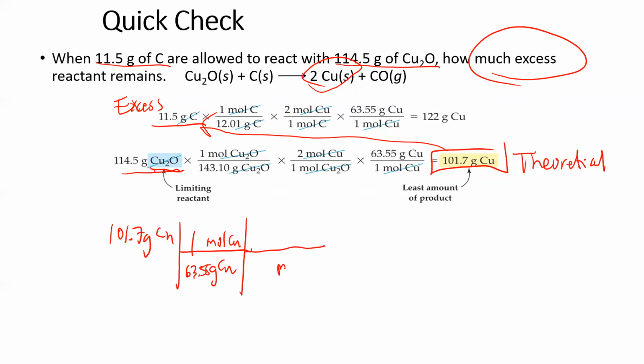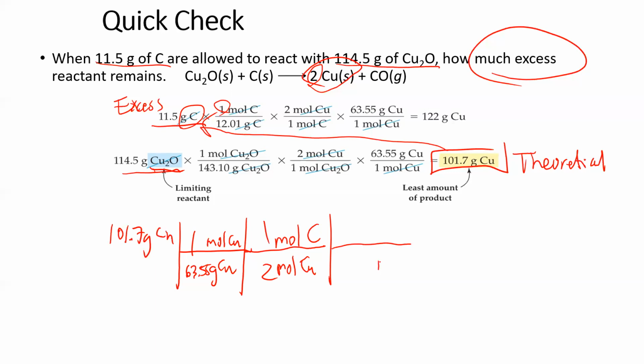And now I go from moles of copper, because that's where my theoretical yield is, to the moles of my excess reactant, to moles of carbon. And where do I get that? Well, there's 2 moles of copper per 1 mole of carbon.